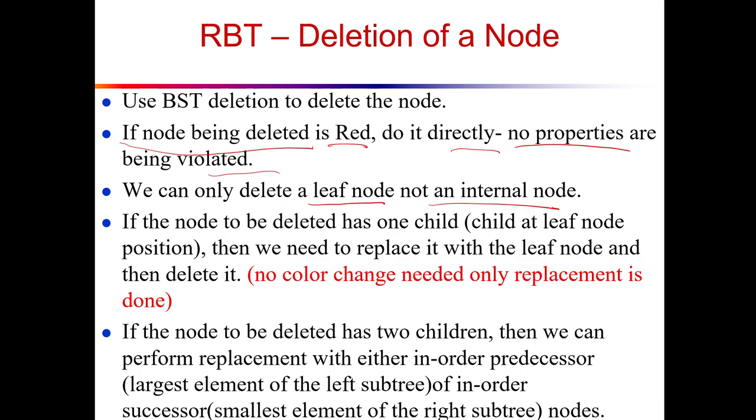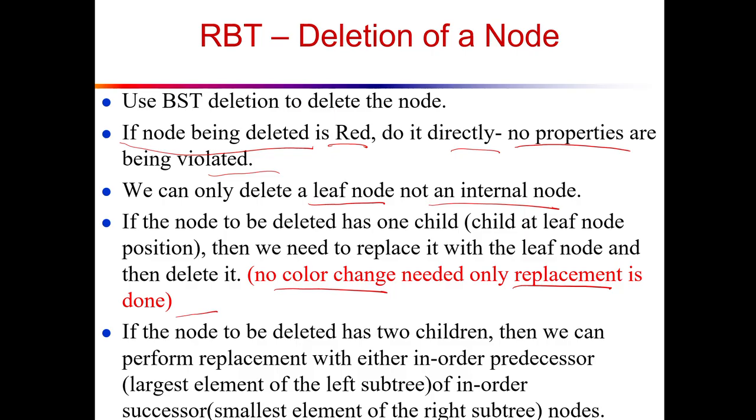Third, if the node to be deleted is not at the leaf position but at an internal position, maybe in the left subtree or the right subtree, then we need to do replacement. But we also need to make sure that no color is changed. I'll explain it in very simple words.